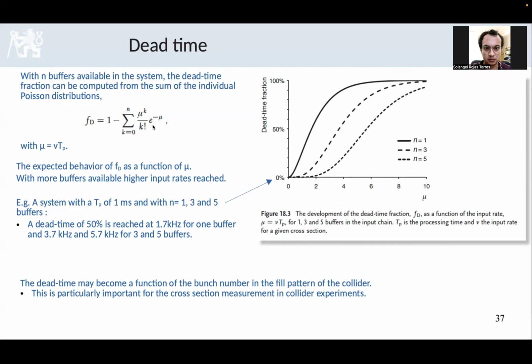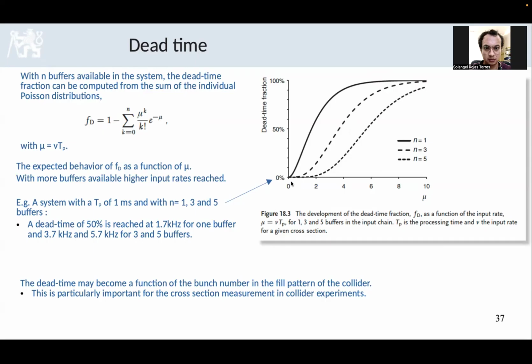You can describe the dead time using a Poissonian distribution, where the mu is the frequency times the processing time of the detector. Then you can modify how the dead time reaches its highest fraction.